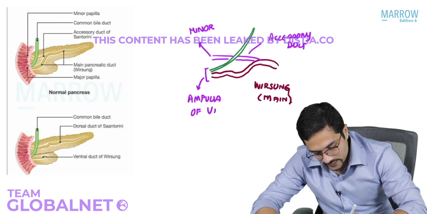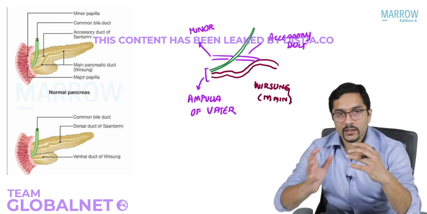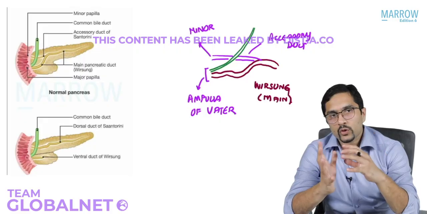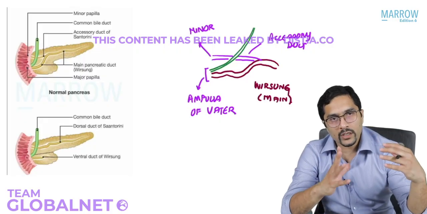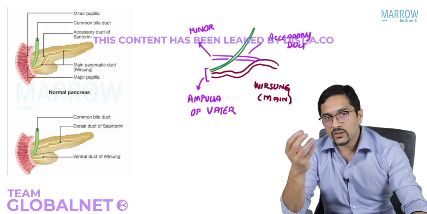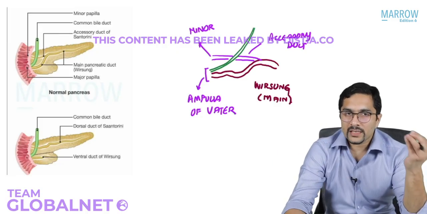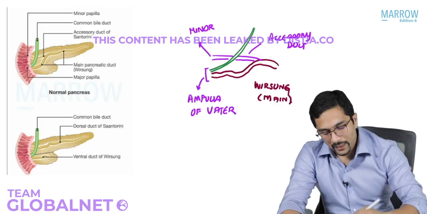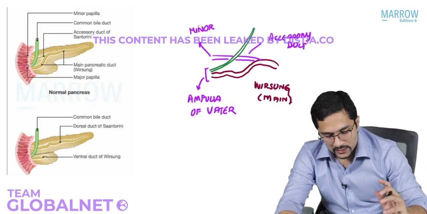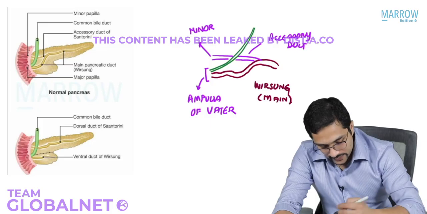Okay. So this is the normal anatomy, and this is what happens when the two ducts fuse. The distal portions fuse and the proximal portions are separate. The accessory duct of Santorini, which is the dorsal duct, is going to open slightly proximally in the minor papilla, and the main duct opens along with the CBD.